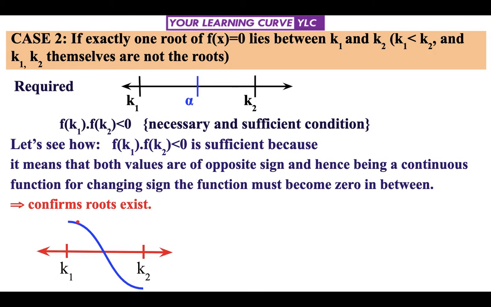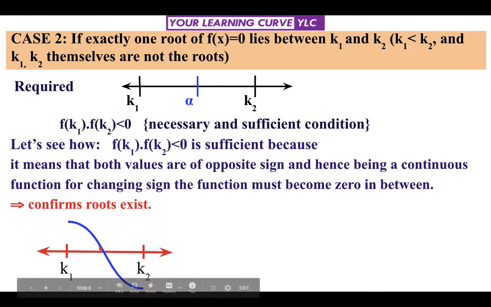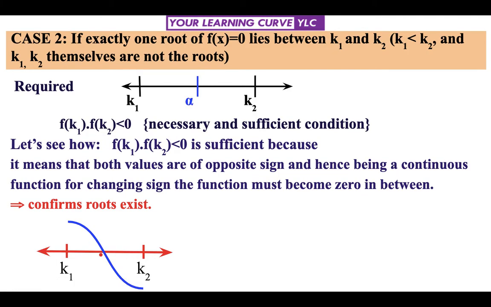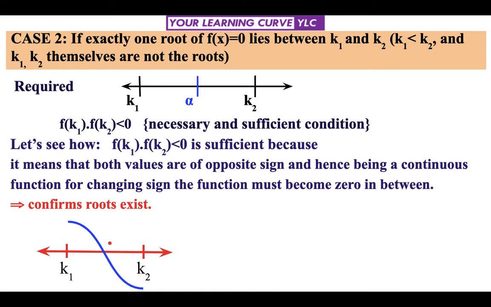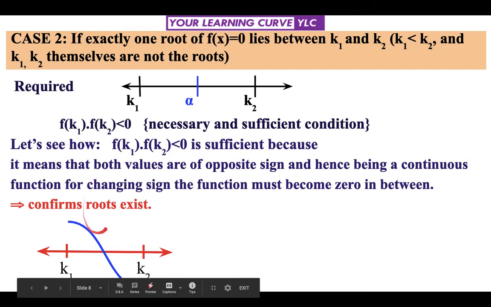So what we see is that if we have to go from a positive to a negative value, we have to decrease the function, and in between, if it is a continuous function, it will definitely become 0 at some point. So there will definitely exist a root between K1 and K2, and this root has to lie between K1 and K2.